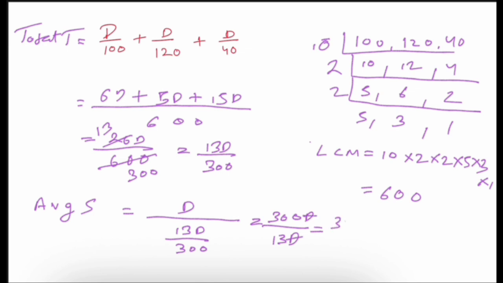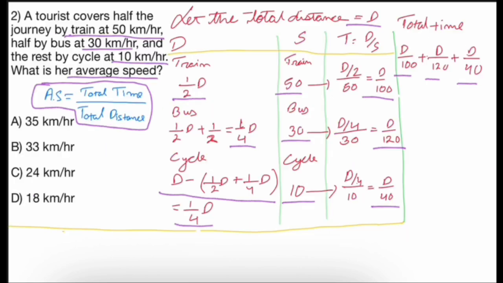If we divide 300 by 13, we get the answer to be approximately 23.07. So this is the answer we got. Now you will see which value is close to this answer, and that will be the right option. We see that option C is close to 23, so option C is the right answer.